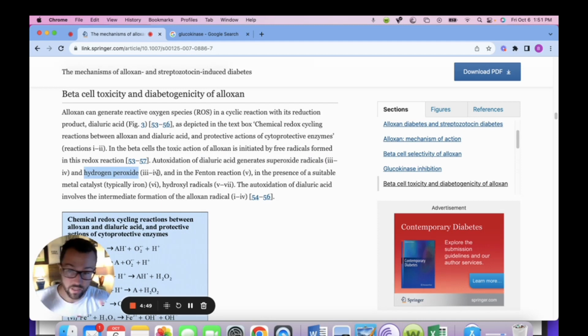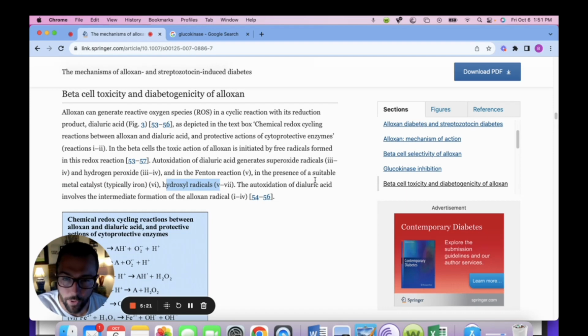And then once those ROS are present, then comes the Fenton reaction, which I have talked about ad nauseam in my podcast. So the Fenton reaction is basically taking the less severe superoxide and hydrogen peroxide ROS and turning them into something far more volatile in the hydroxyl radical, which you'll see here, in the presence of a suitable metal catalyst, typically iron.